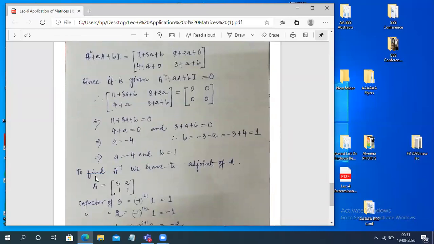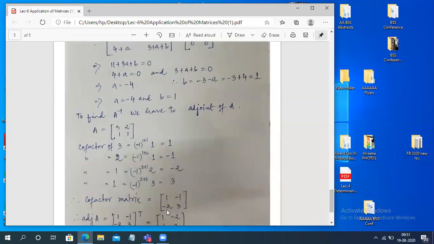Now in the second step, we have to find A inverse. To find A inverse, first find the determinant value of A and the cofactor of each element of A. You will get the cofactor matrix. The cofactor of 3 is positive 1, the cofactor of 2 is negative 1, the cofactor of 1 is negative 2, and the cofactor of 1 is positive 3. So this is your cofactor matrix.